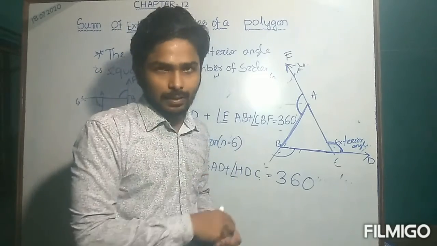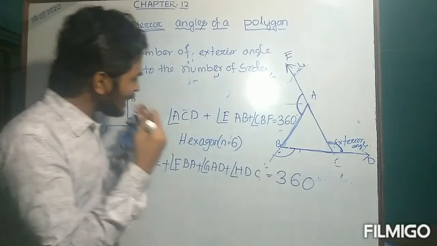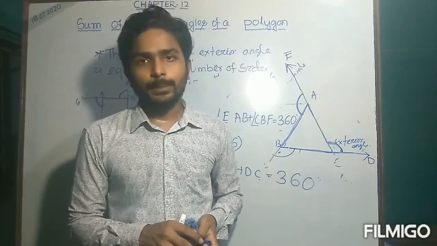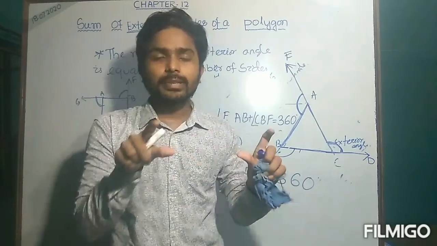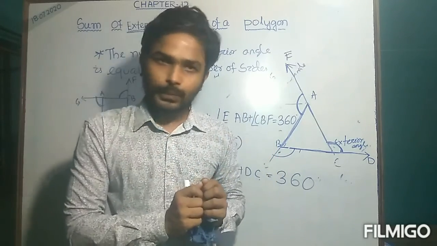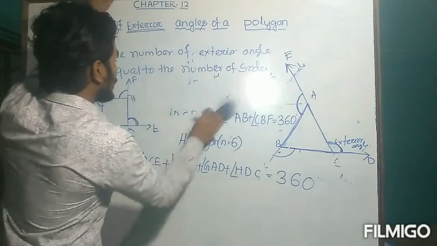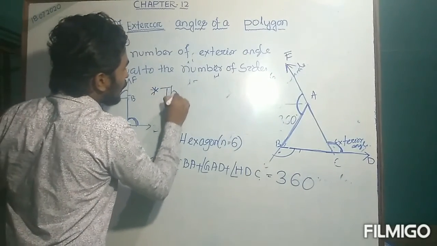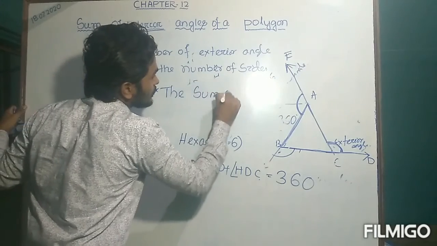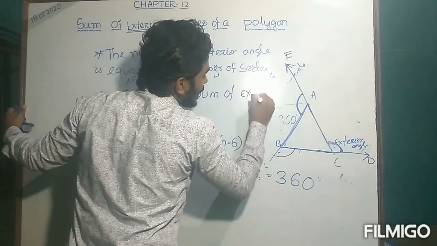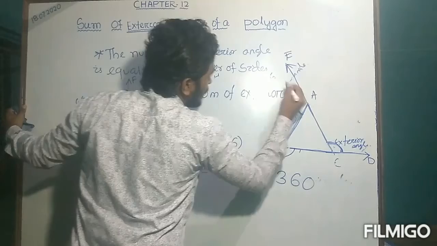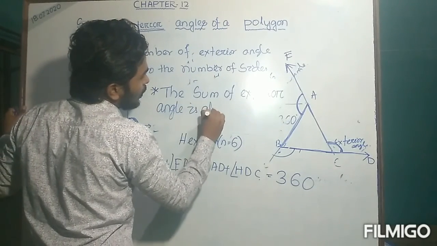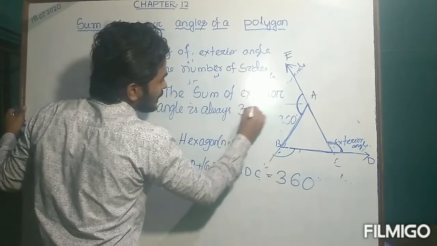If you take a decagon, that means n is equal to 10. In that case also the sum of the exterior angles is 360 degrees. That means the sum of exterior angles is always fixed. What is it? It is 360 degrees. Okay, so I am writing this. You can note it down: the sum of exterior angles is always 360 degrees.